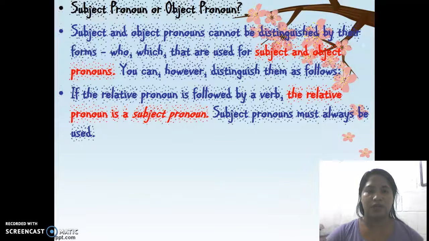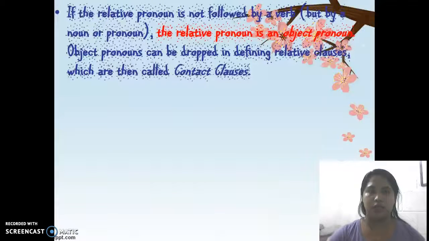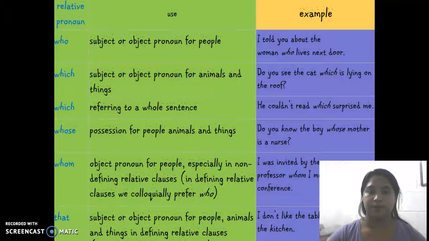If the relative pronoun is followed by a verb, the relative pronoun is a subject pronoun. A subject pronoun must always be used. If the relative pronoun is not followed by a verb, but by a noun or pronoun, the relative pronoun is an object pronoun, and an object pronoun can be dropped in defining relative clauses, which are then also called content clauses.